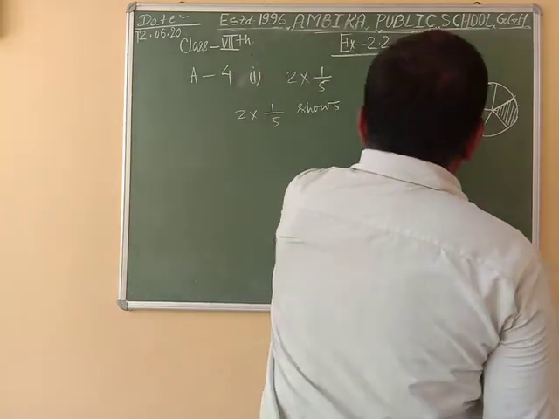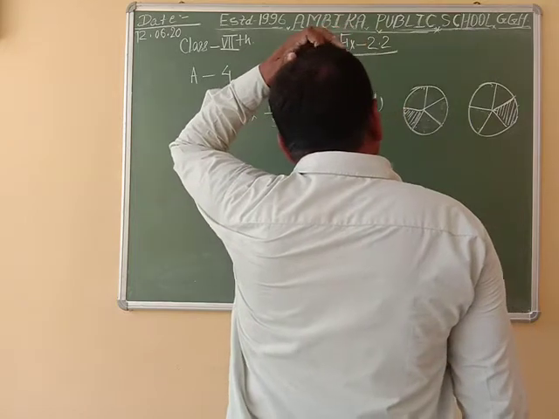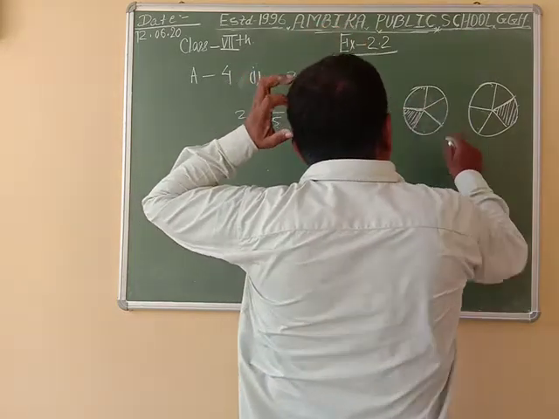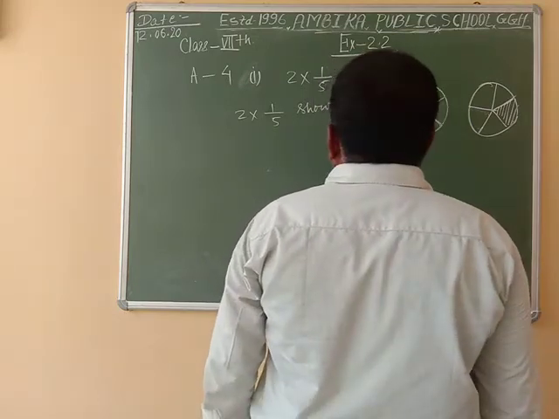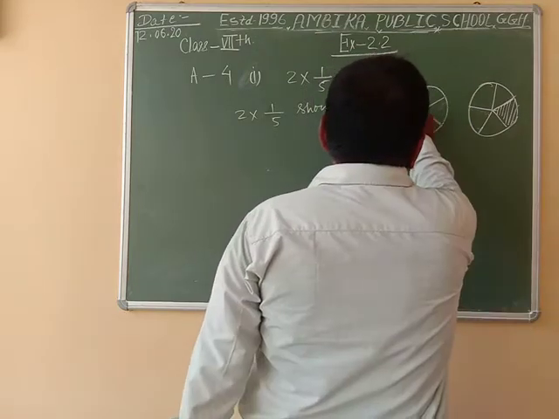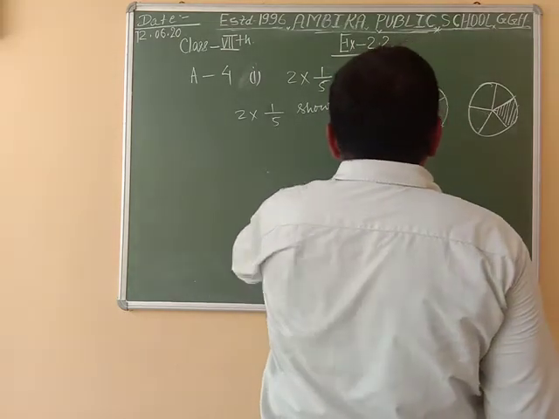Here we see that two circles are divided into 5 parts and one part is shaded.